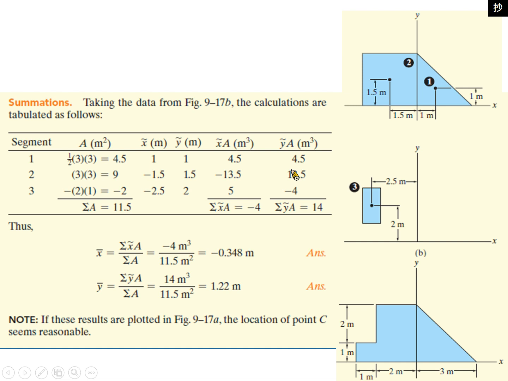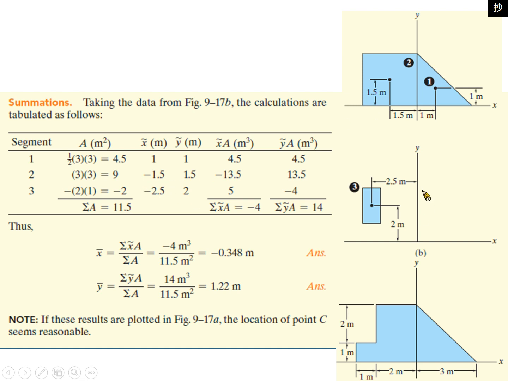Okay, then for segment 3, because we added segment 3 on it, right now we have to subtract the effect coming from segment 3. So the area of segment 3 is negative, because we have to subtract its effect. The area is 2 times 1, so it's negative 2. And then for the lever arm, x is also negative, because it's calculated from the y-axis, a negative x value.